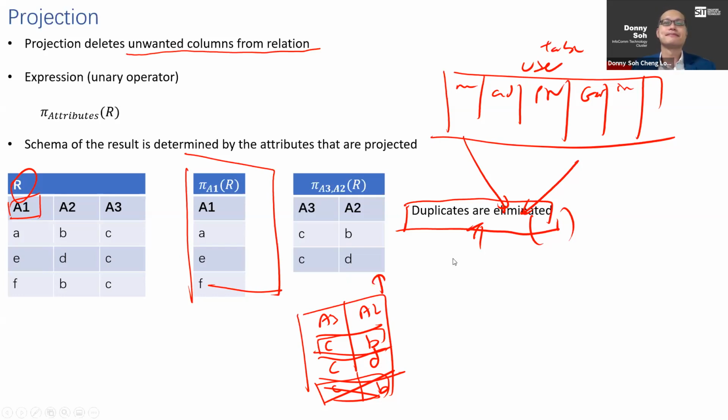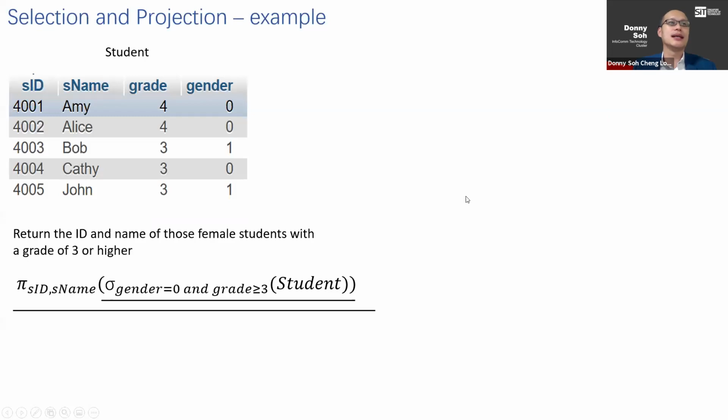Okay, good. Let's look at an example. Right now we have both a selection and a projection. In this scenario, we're going to do the selection first, followed by the projection. So let's do this together.